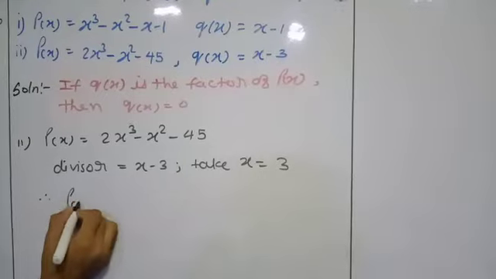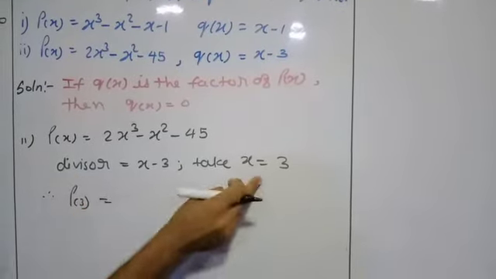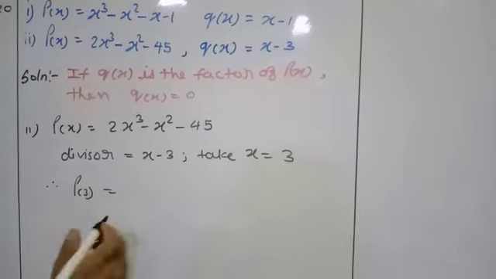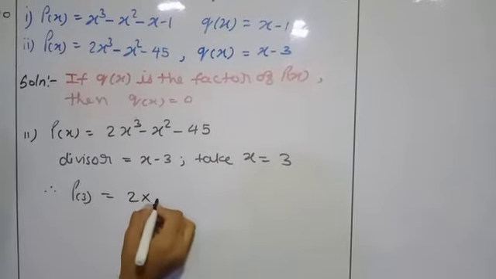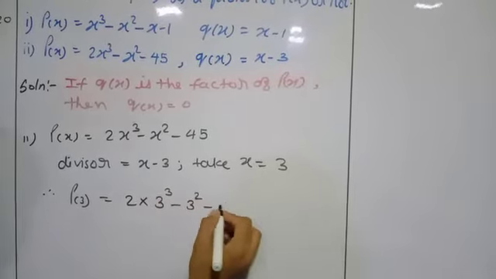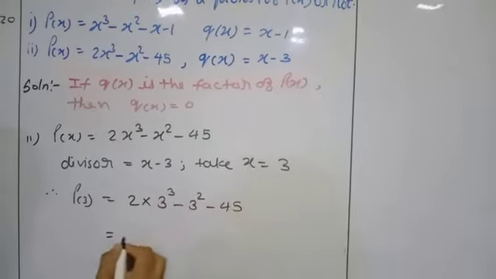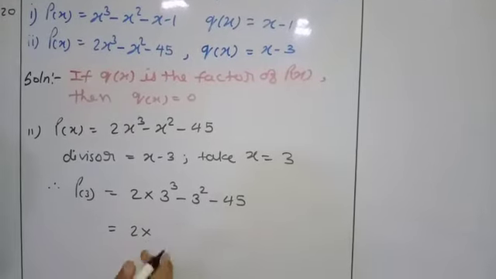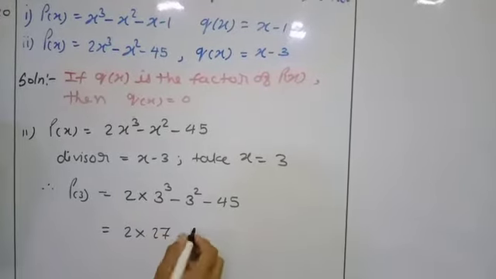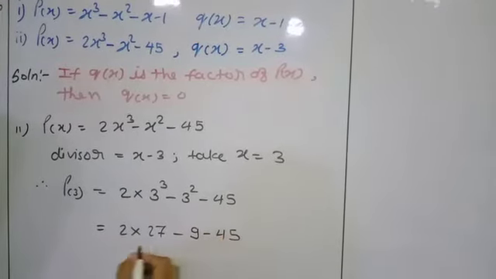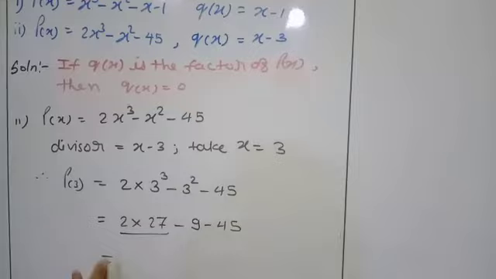Therefore, if it could be a factor of this polynomial, we get p(3) is equal to 0. That we have to keep in our mind. 2 into cube of 3 minus square of 3 minus 45. 2 into cube of 3: 3 threes are 9, 9 threes are 27, minus square of 3: 3 threes are 9, minus 45.